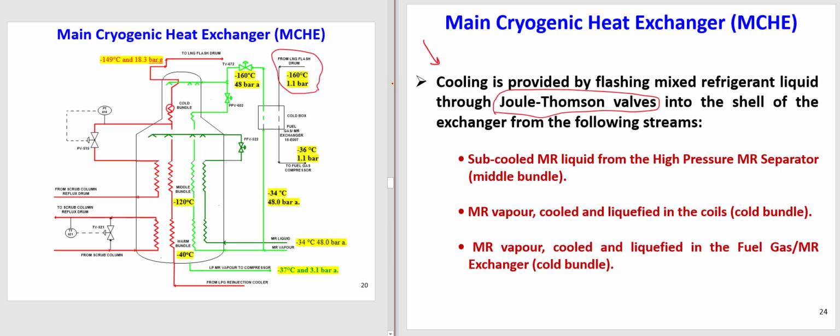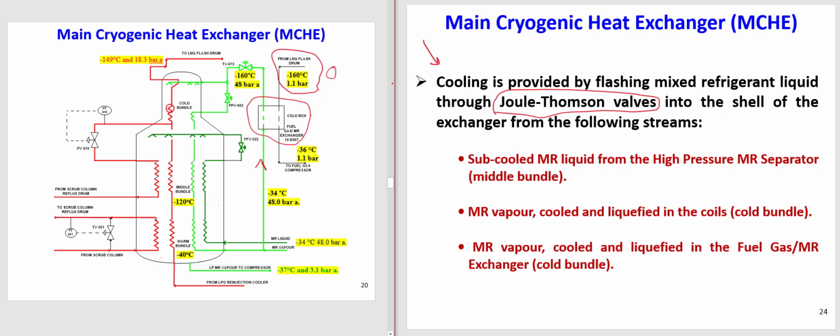This flash gas goes to the heat exchanger. We also call it the cold box, which is a heat exchanger. This is the fuel gas that is coming from the flash drum. The fuel gas at very low temperature goes to the cold box. This cold box, or heat exchanger, is between the mixed refrigerant, the green line, and the fuel gas.